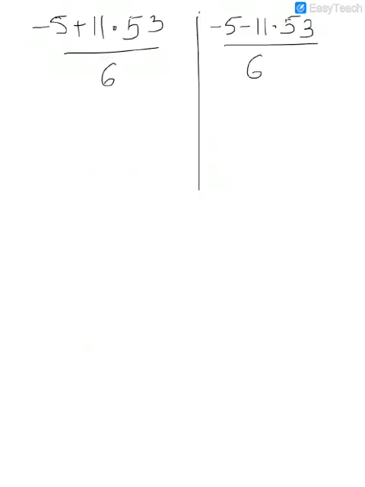So now I will put the value and I'll split my equation into 2, the positive and the negative: minus 5 plus 11.53 and minus 5 minus 11.53. I further simplify it. Now be careful, which is a greater number? This is a greater number.